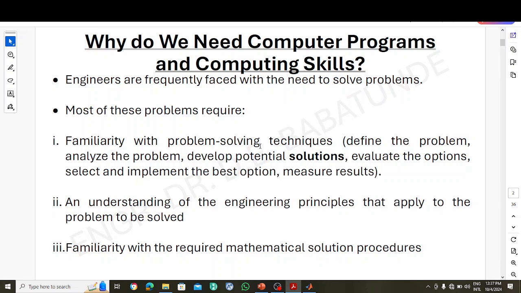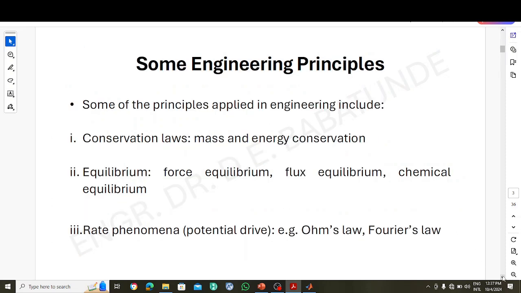Once you set that up, the next thing is that you want to use appropriate mathematical techniques to solve the equations that you have set up. The equation is coming from your engineering principles, right? So you have a lot to do, typically, as an engineer. Some of the laws that I think you should be familiar with by now is the law of conservation.